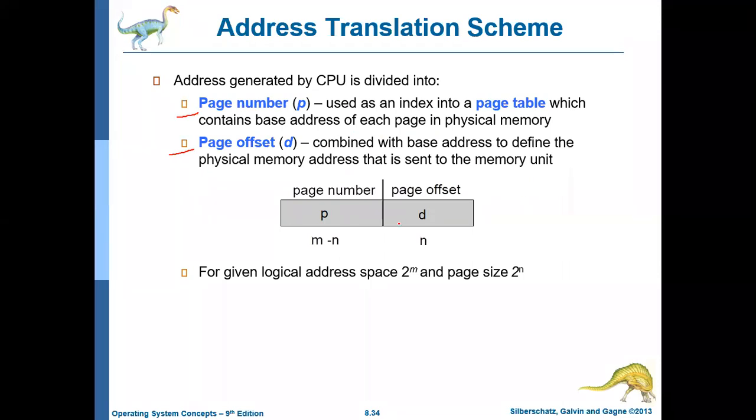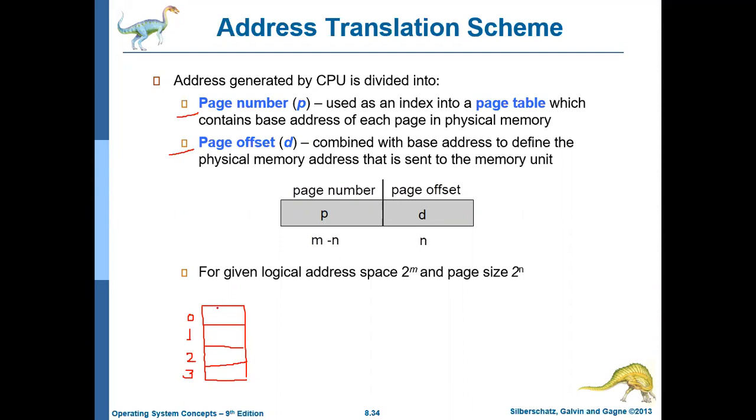Now you can easily understand this by this logic. Suppose this is your complete process. We are dividing this process into 4 pages. This is your page number 0, page number 1, page number 2, and page number 3. Now, what is this offset?